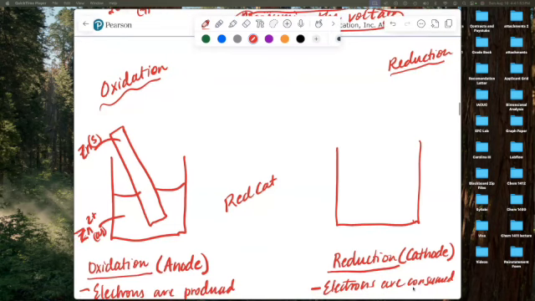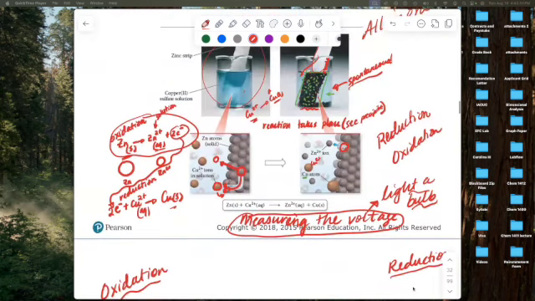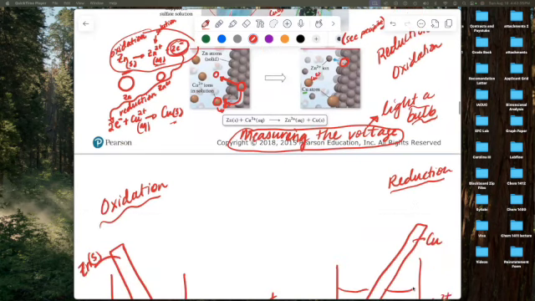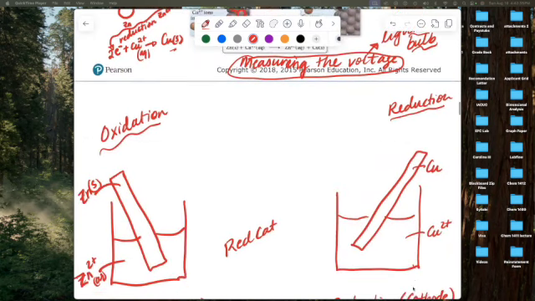On the reduction side, trying to make this similar to what we had in the all-in-one situation, we have our copper here, and then we have our solution of copper ions, Cu2+. Now, as the reaction proceeds, for every cycle of the reaction, 2 electrons are generated, right? How do the electrons then get to the reduction side?